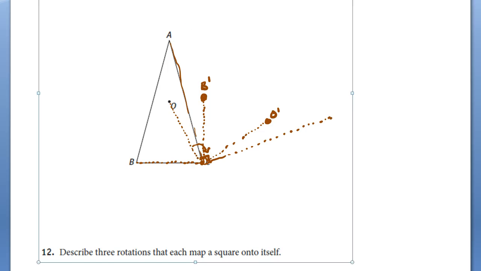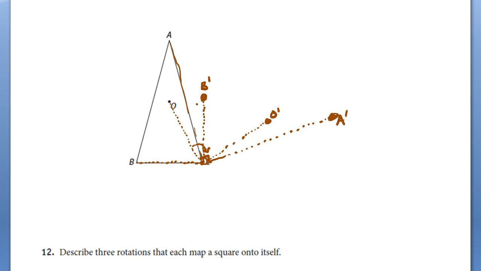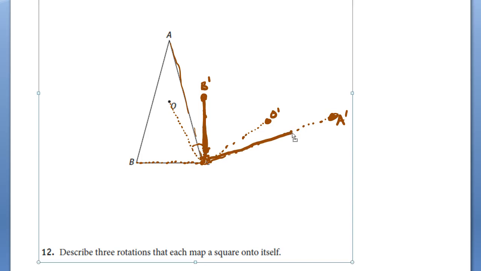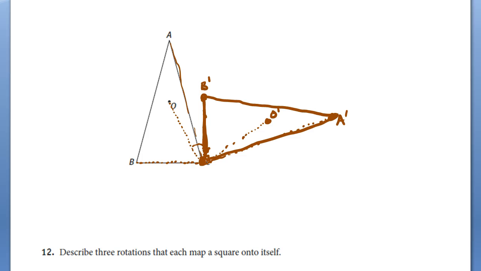However long AC is, make this distance exactly the same, and there's A prime. Then when we connect these, we will have our rotation. Should be exactly the same size and shape as the original, but it is a 90-degree clockwise rotation around point C, not around point O.